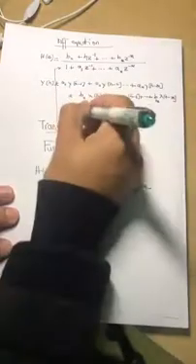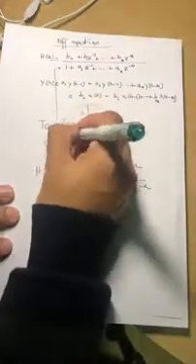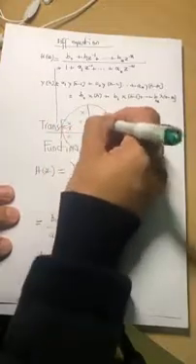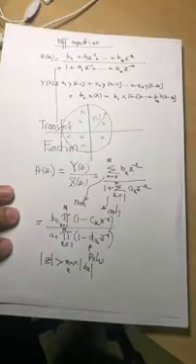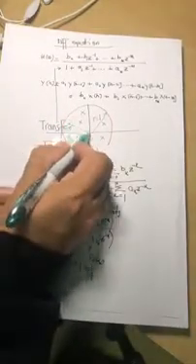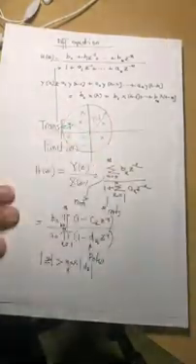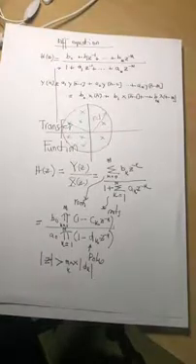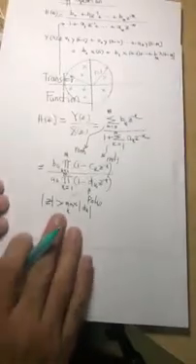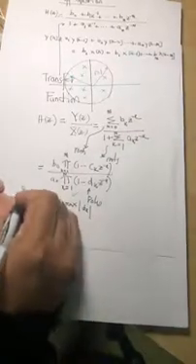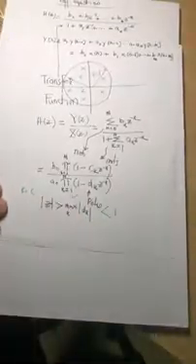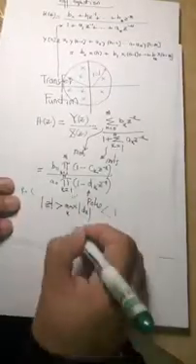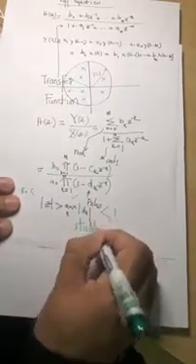If all the poles are in the unit circle, and how do we figure this out? Find out the pole with maximum magnitude. Let's say this is the pole with maximum magnitude, and see if its magnitude is less than 1. So if it is less than 1, you declare the system as a stable system.